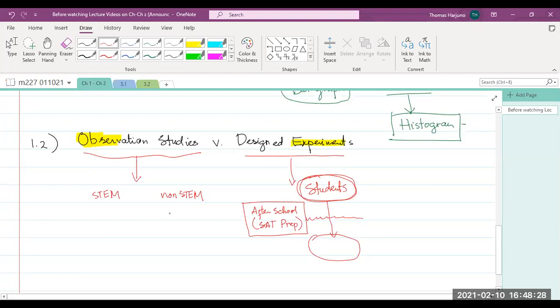In 1.3, oops, wrong color. 1.3, we talk about sampling. I'm sorry, I can't really see this thing. Okay, sampling.